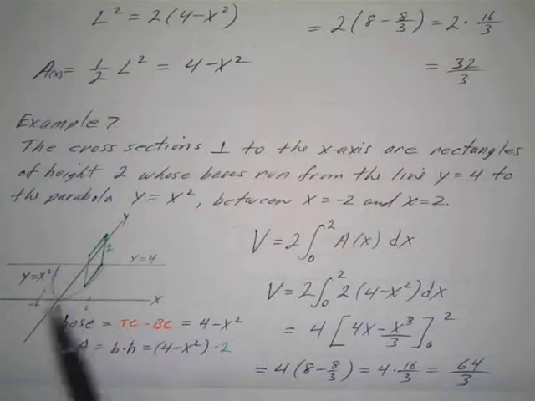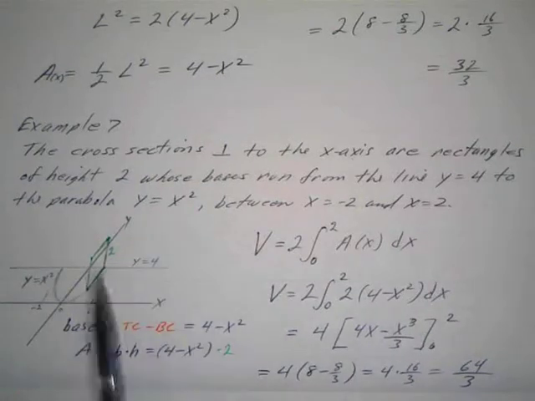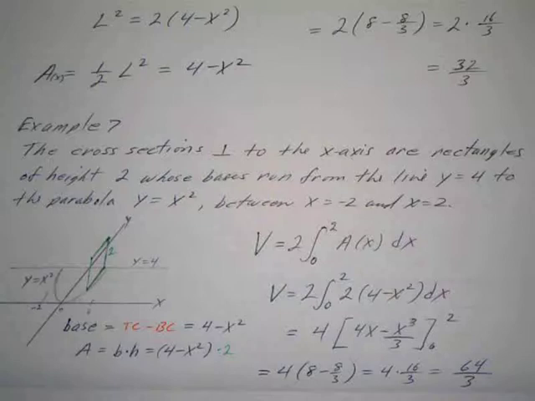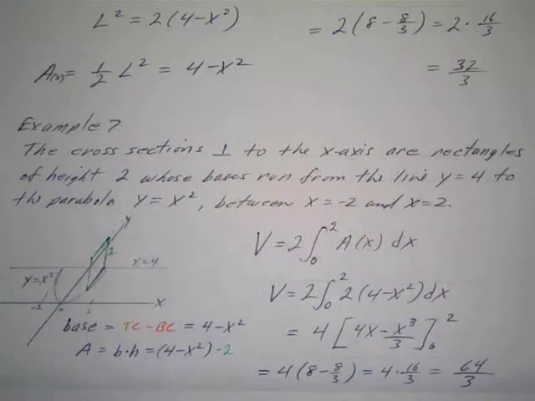Looks almost like an upside down Norman window. Well, not really, because the Norman window would come down like that. But anyway, it's a little parabolic section there. So we've changed the bottom of our solid, and this is not a square, this is a rectangle, but with a fixed height. And the bases will change. Okay, so I hope that makes sense.